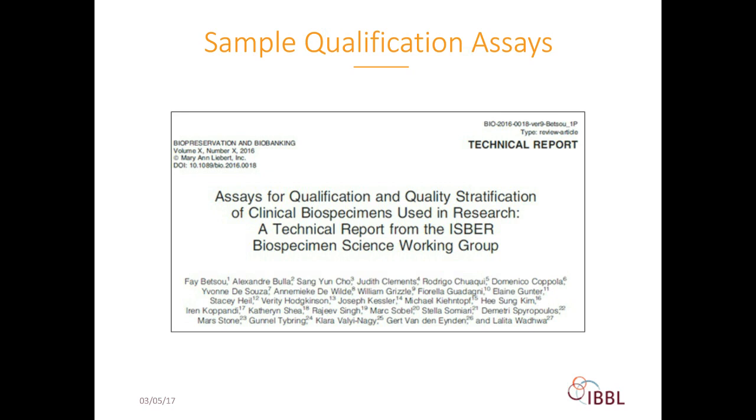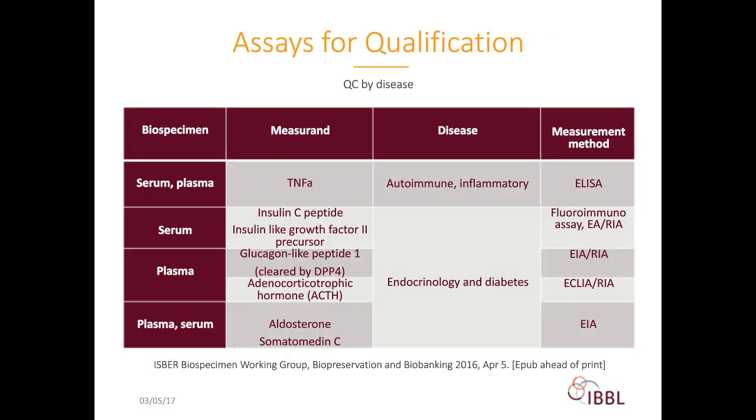The concept of sample qualification is that of quality control by disease area. Different types of specimens, serum, plasma, etc., contain analytes, molecules, that are known to be labile, which means sensitive, to specific pre-analytical conditions, and at the same time are known to be relevant clinical biomarkers in their respective disease areas.